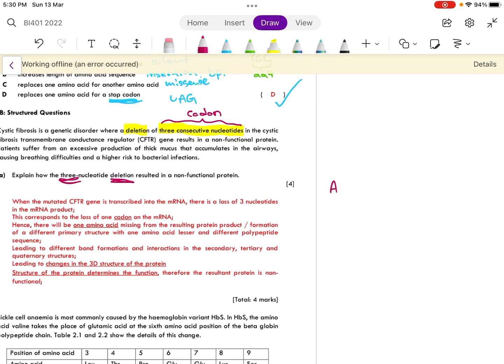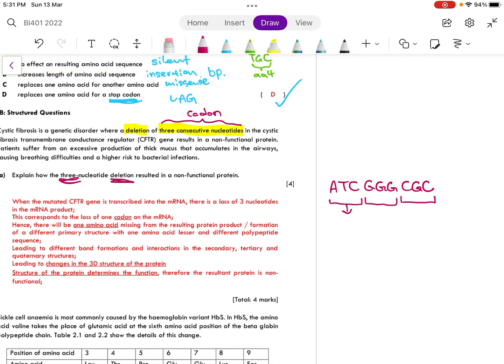Okay, let's say I have a gene that consists of maybe, let me just write this down, ATC, maybe GGG, CGC. Okay, so let's just work with 3 codons. Here we have codon 1, codon 2, codon 3, right?